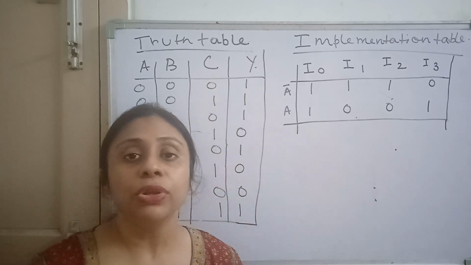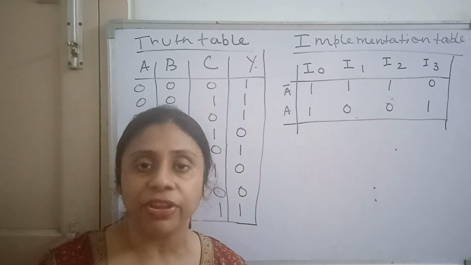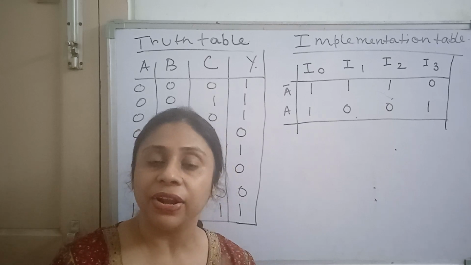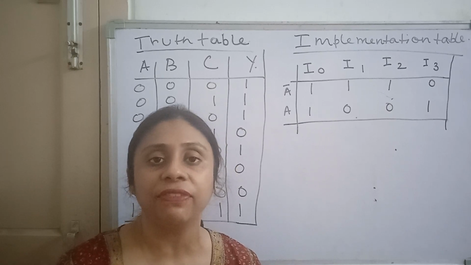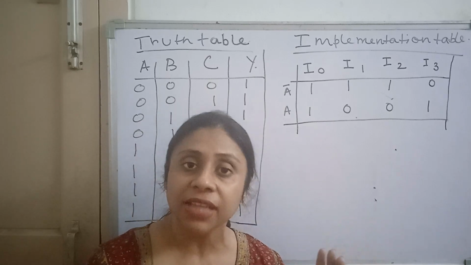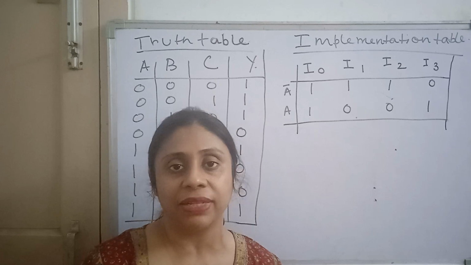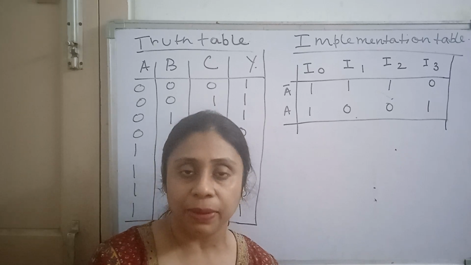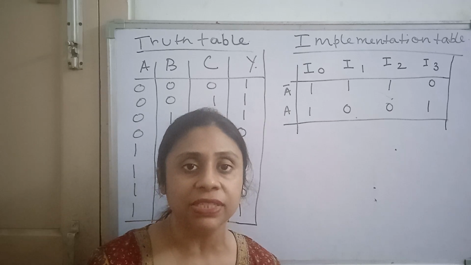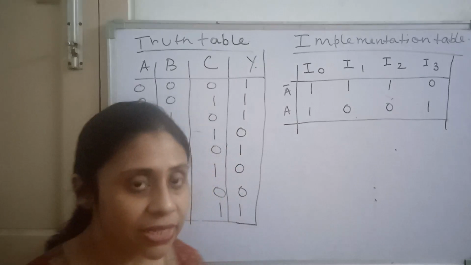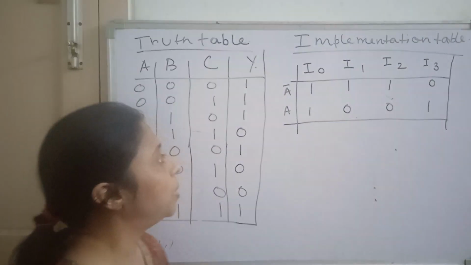The remaining 1 variable will be given at the input lines, that is I0, I1, I2, I3, and the other 2 variables at the select lines. Let us see how to do it.